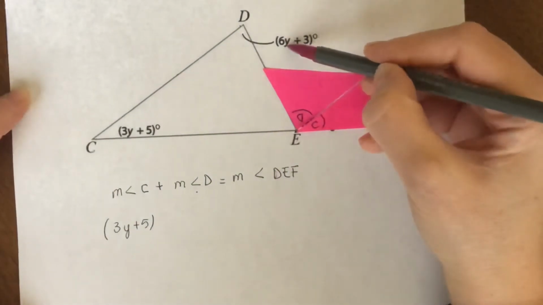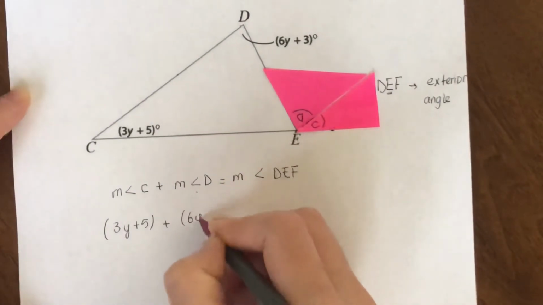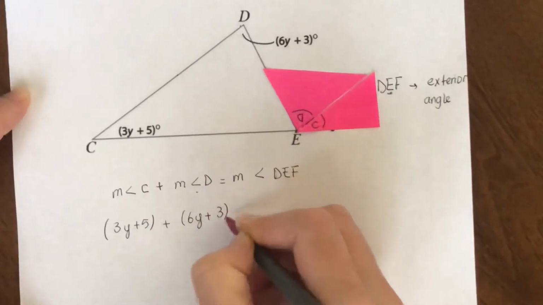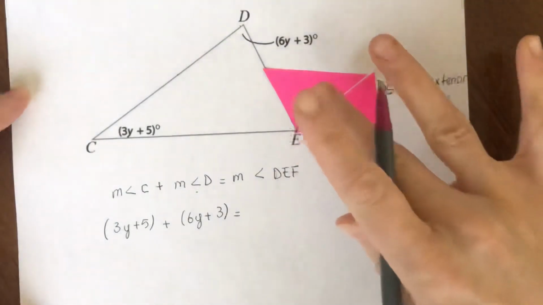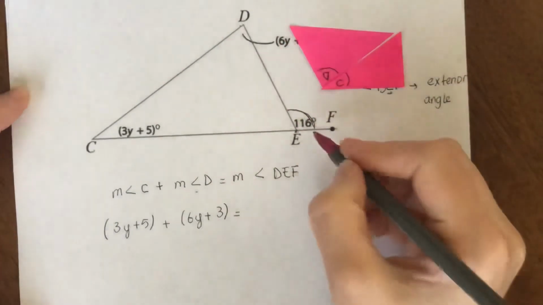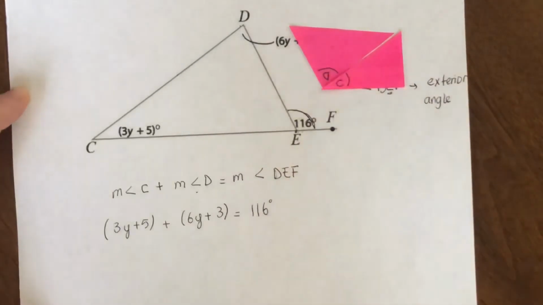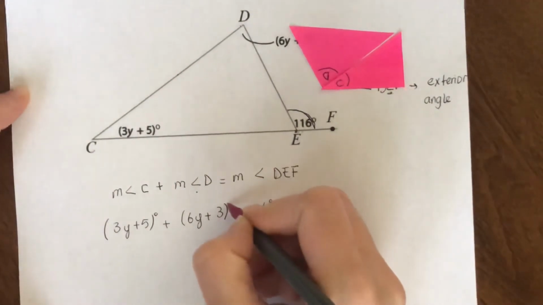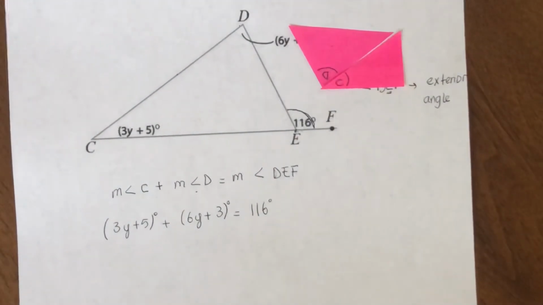It's 6y plus 3. So 6y plus 3 equals, it's given as 116 degrees, right? All of them are degrees because they represent measures of angles.